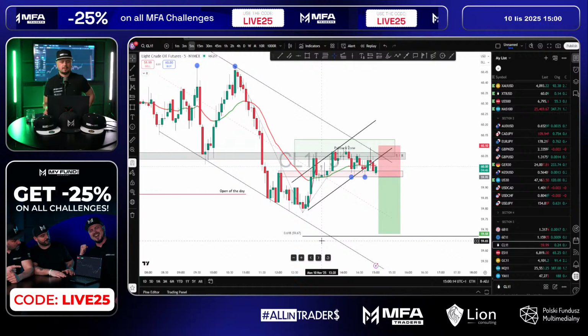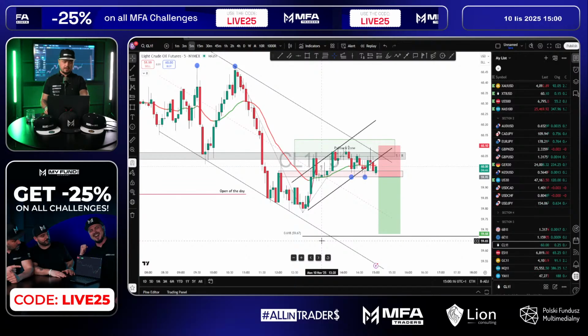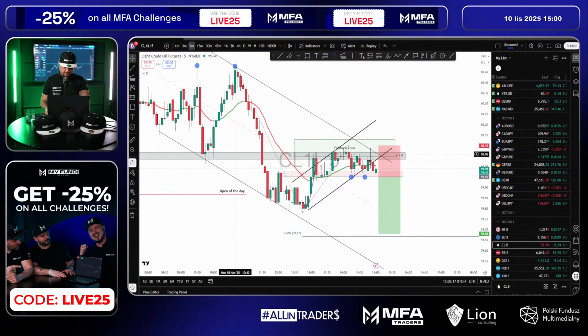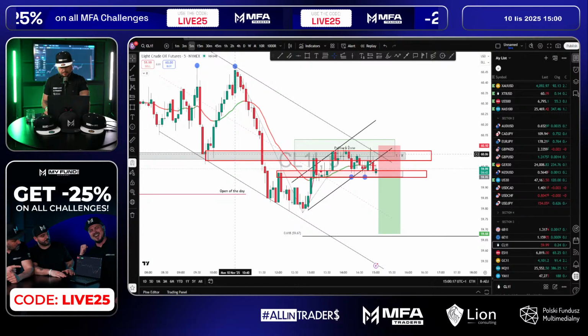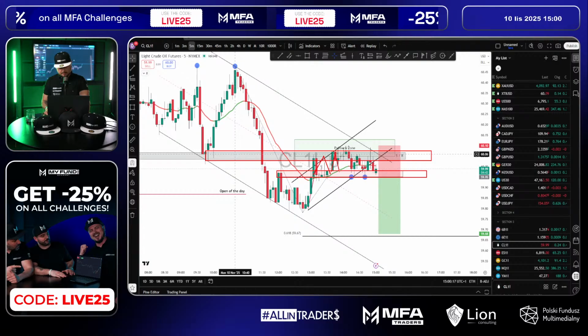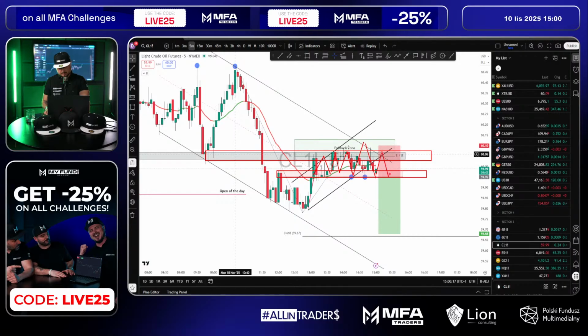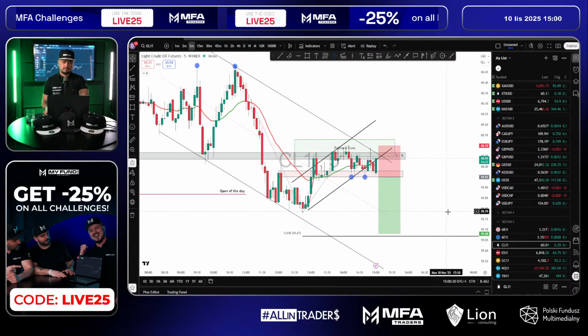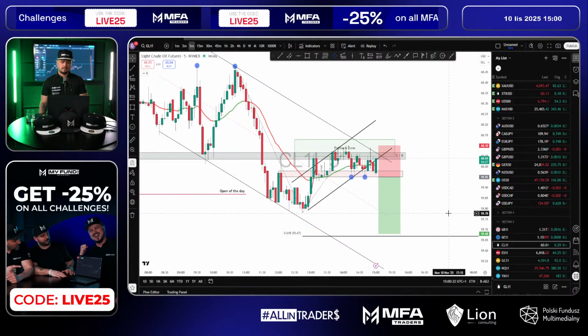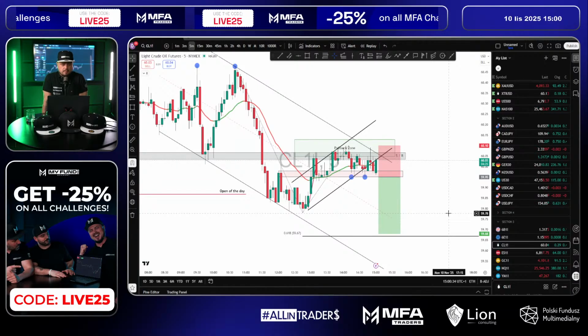Not yet. We are between two support zones. This is one support zone, and this is the other one. And look what's happening. The price is bouncing between those two support zones. Okay, move up.